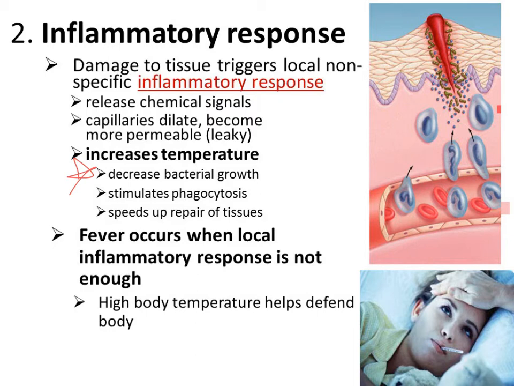It helps speed up the repair of tissue because you're bringing more blood and more different things inside the blood that help tissue form. It clots easier. And if that local inflammation isn't enough, that's when you develop a fever. So although you think, oh, I'm sick, I have a fever, really and truly it's my body trying to make me better with a fever. Interesting little tidbit for you there.